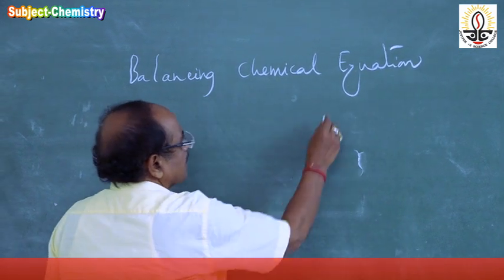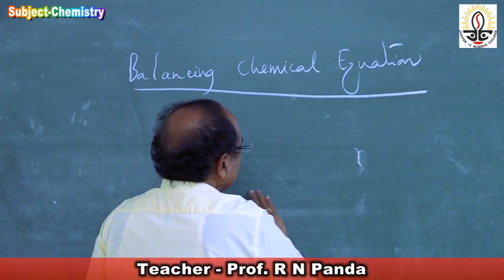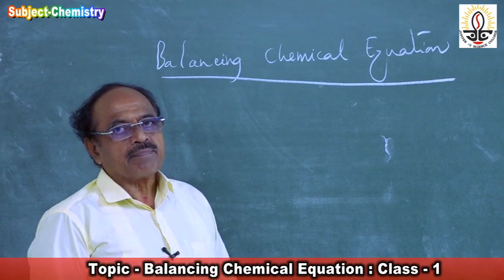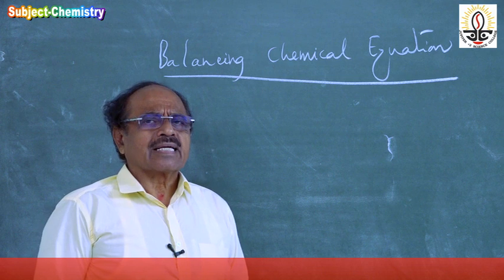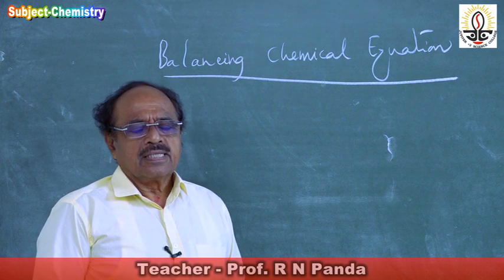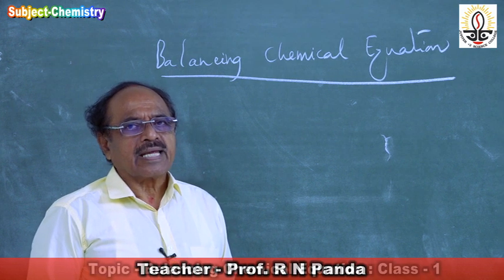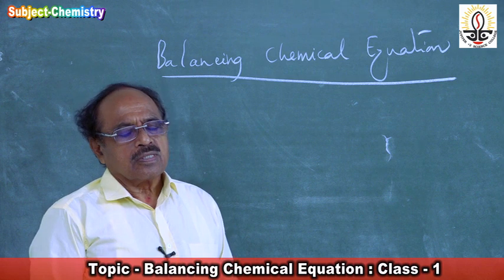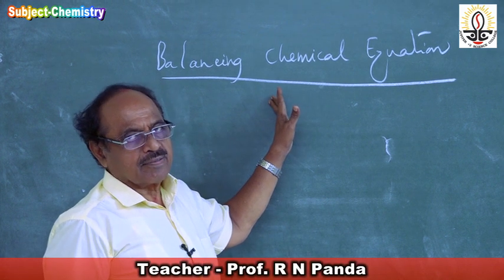This is very important because all the chemical reactions are represented by a balanced chemical equation. Every chemical reaction takes place, and to represent the chemical reaction in the language of chemistry, we use a balanced chemical equation.